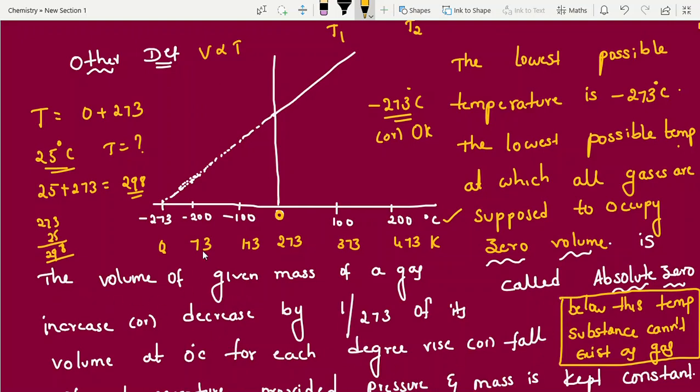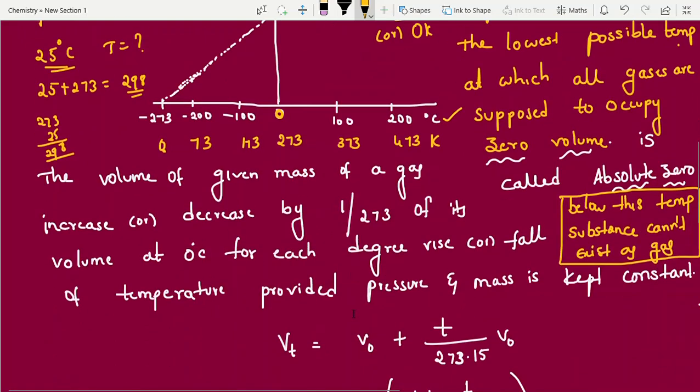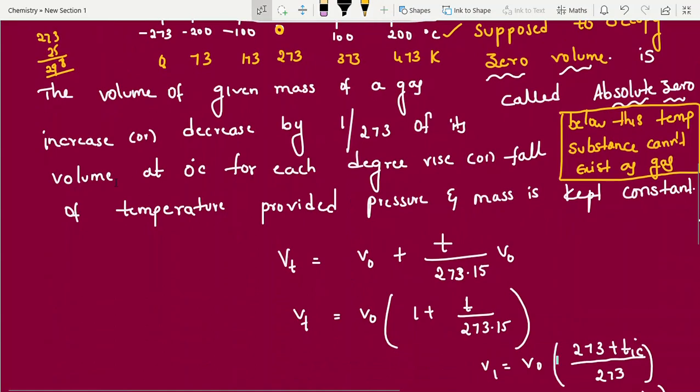See, finally I had given one definition here based on the students. The volume of a given mass of a gas increases or decreases by 1/273 of its volume at 0 degree centigrade for each degree rise or fall of temperature, provided pressure and mass are kept constant.